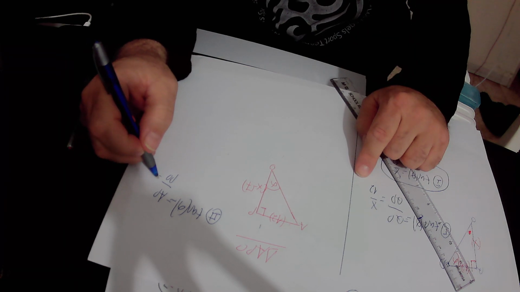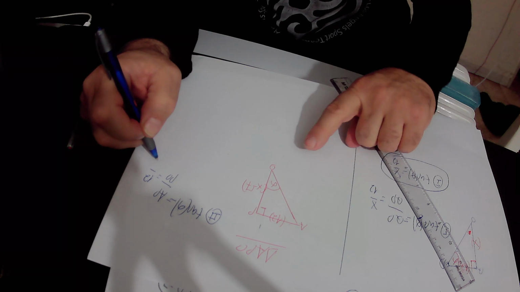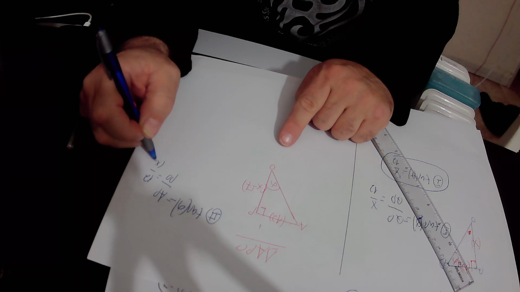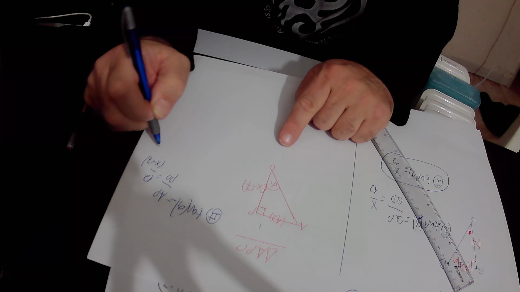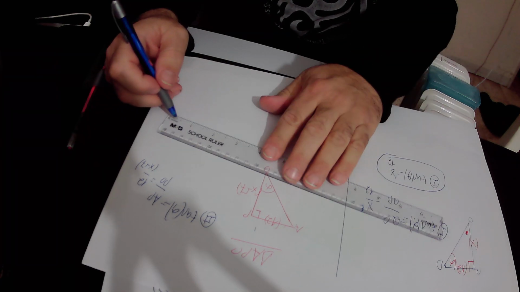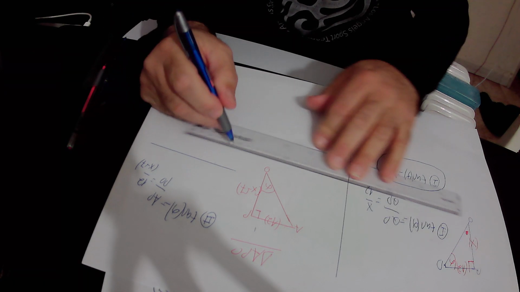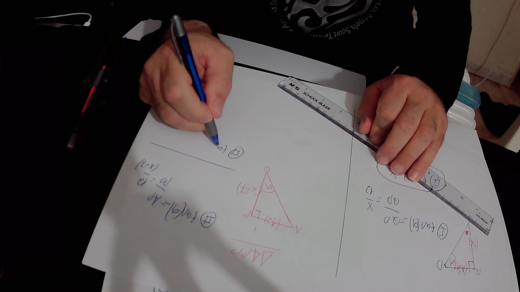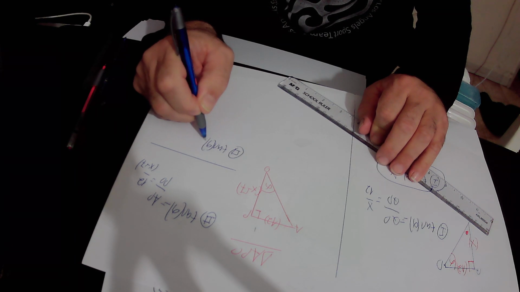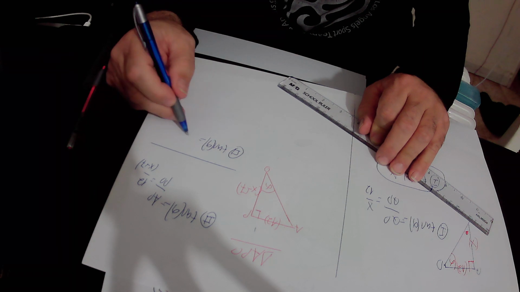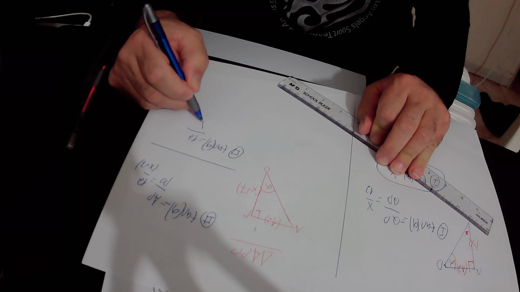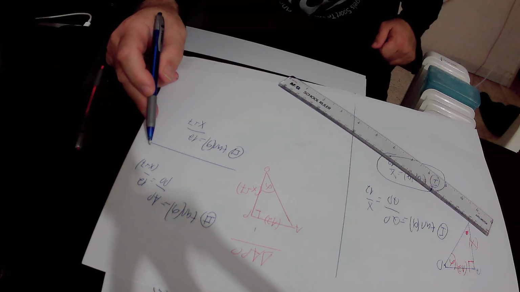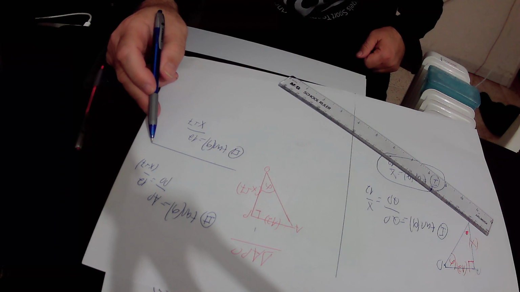AP equals 12, and PO equals X plus 7. So in total we found out, according to equation number 2, tangent alpha equals 12 over X plus 7.